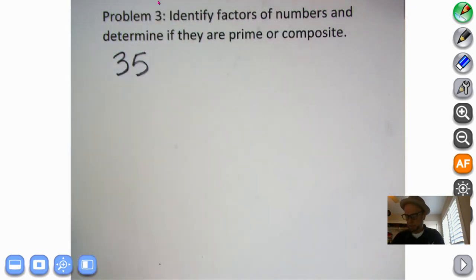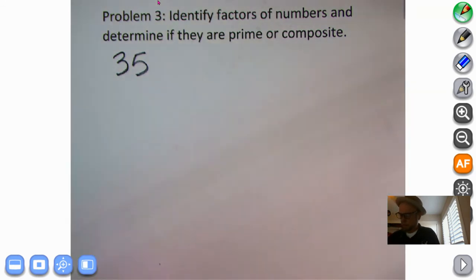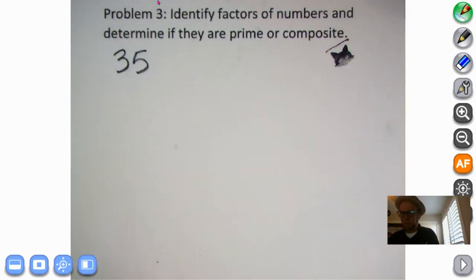And we're going to make a little chart. Once again, we are the copycats. There we go. So I have 35. Well, I know that 2 numbers we can immediately put for the factor pairs, so we're going to make a little chart. Make this along with me.